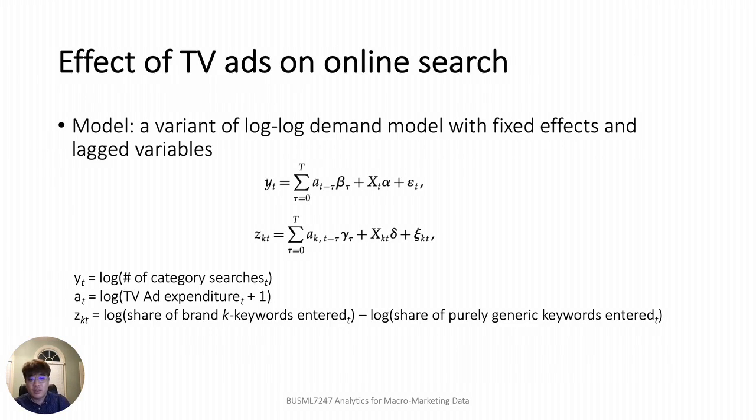The second equation models the effect of ad expenditure for brand k, denoted A_kt, on brand k's keyword search share, denoted Z_kt. Again, both A and Z are log metrics, and there are control variables, denoted capital X_kt, including time-fixed effects.